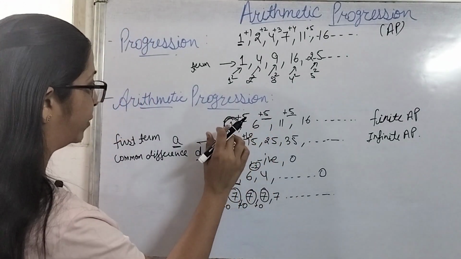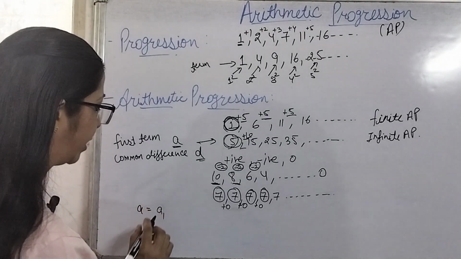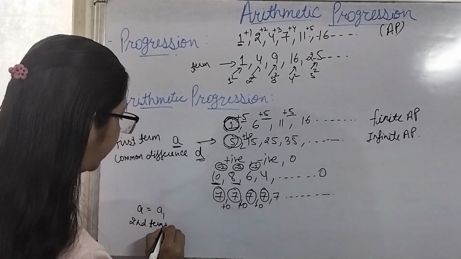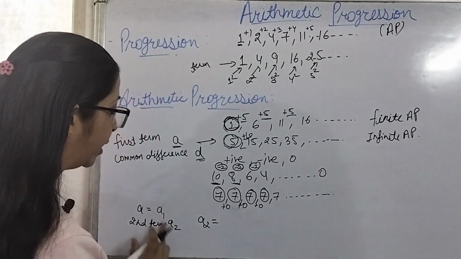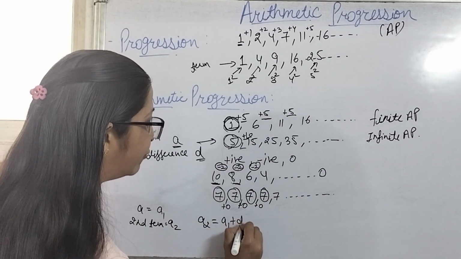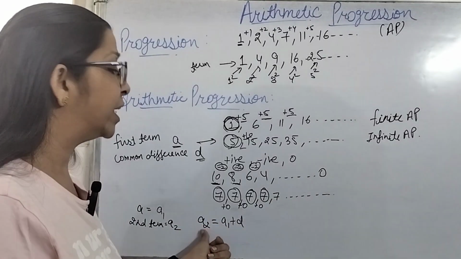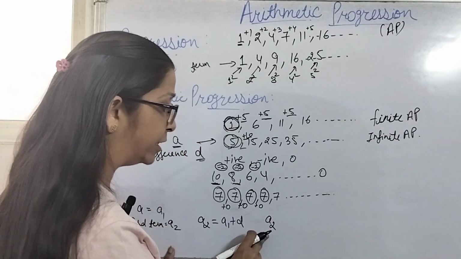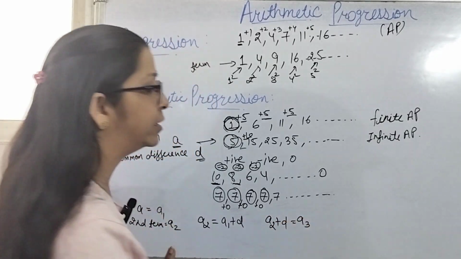That means if your first term is denoted by a1 also, that means a is equivalent to a1 only, and the second term is denoted by a2. In that case, how are we getting a2? If we add the common difference in the first term, then we get the value of a2. Similarly, if in the second term a2 we add the common difference, we get the third term.